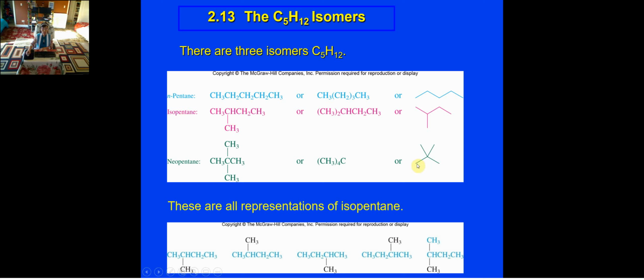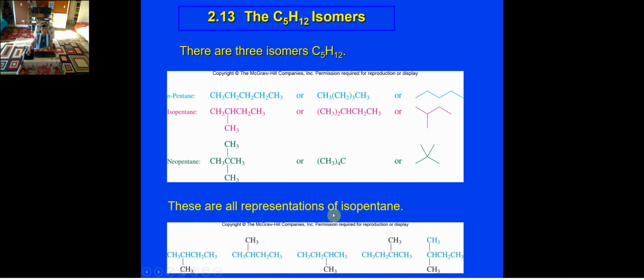So imagine you have carbon 1, 2, 3, and then number 4, number 5 carbon both connected to the 2nd carbon. In this case, you call it neopentane. So you have 3 different isomers.